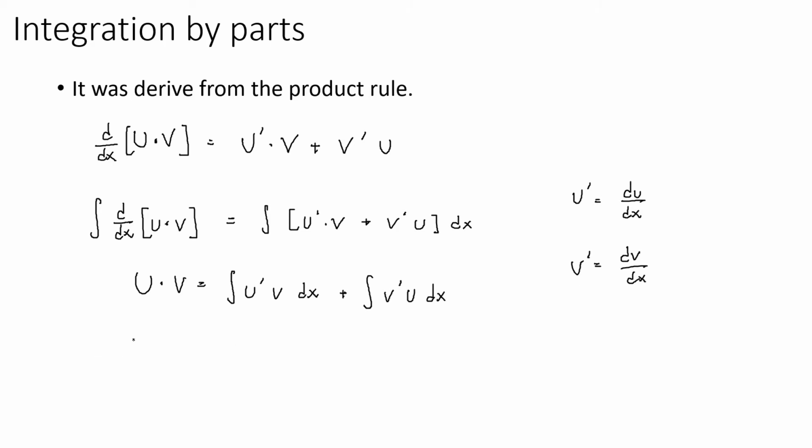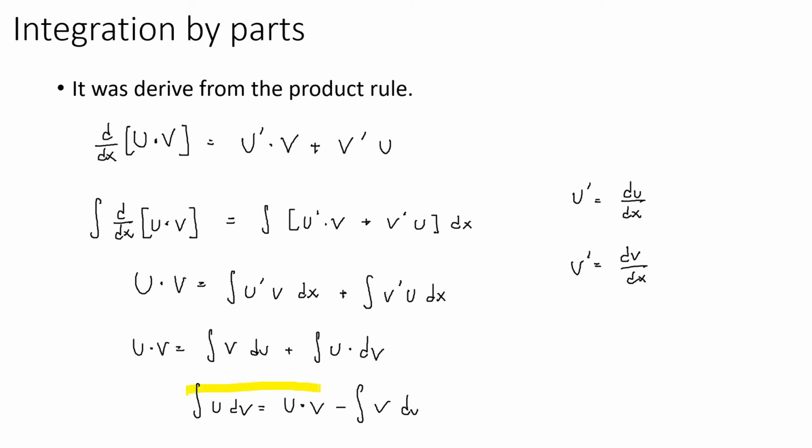So if you change that around, we'll have integral of v times du plus integral of u times dv. We could say that integral of u times dv is equal to uv minus integral of v times du. And here's the rule of integration by parts.